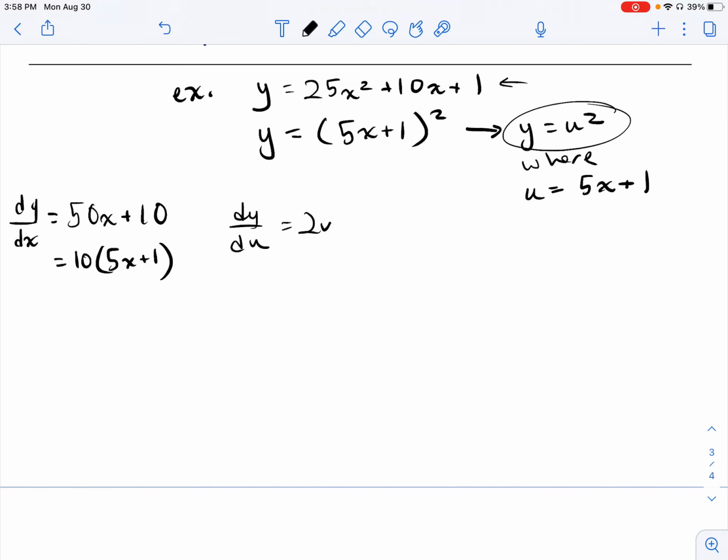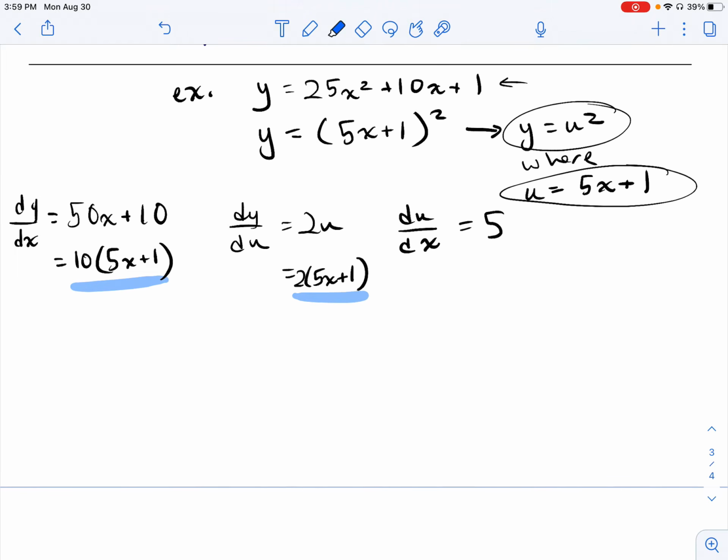That would just be 2u. The derivative of u with respect to x is just equal to 5. And let's rewrite 2u, because I want everything to be with respect to x. This is equivalent to 2 times 5x plus 1.